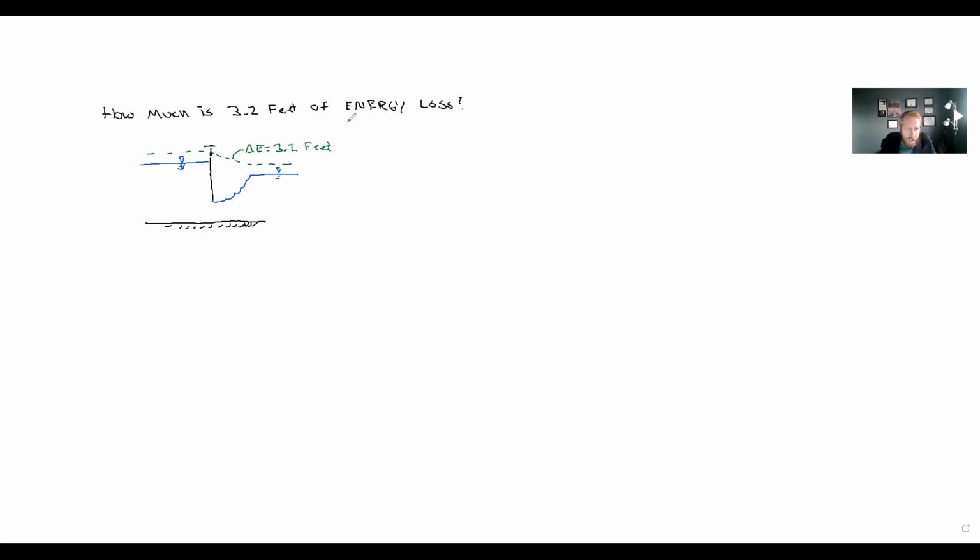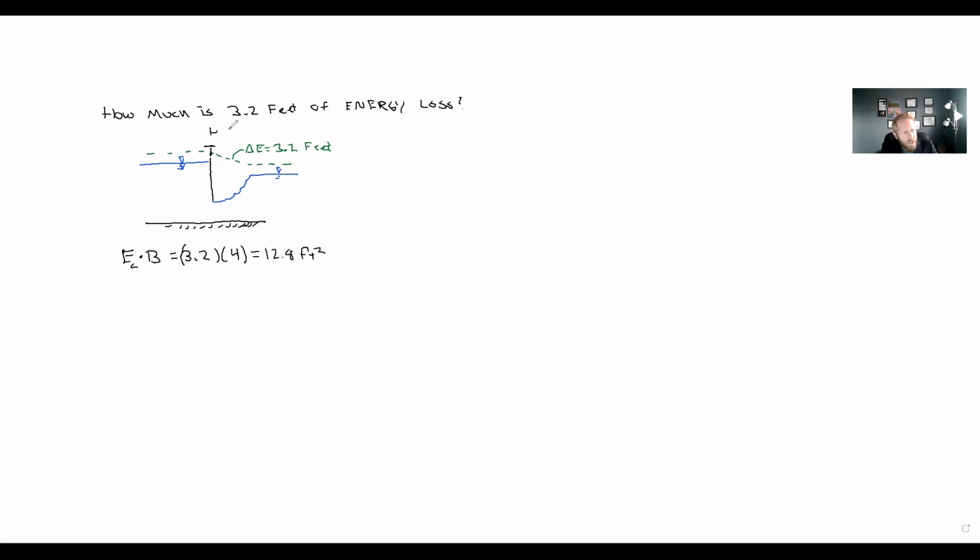So let's see if we can put this in something that we better recognize and understand. If my energy loss is 3.2 feet and my channel width is 4 feet wide, then E sub L times B equals 3.2 feet times 4, which equals 12.8 feet squared of energy loss.